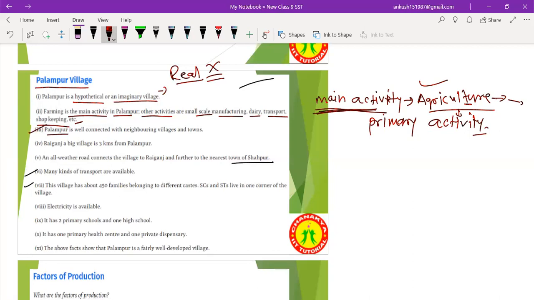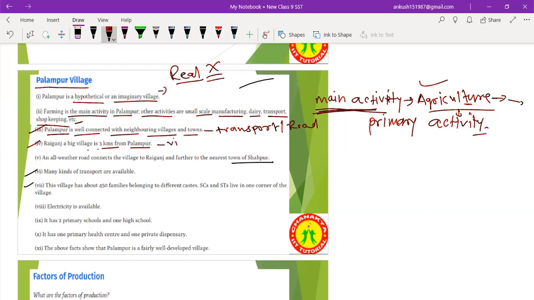The third point is that Palampur is well connected with neighboring villages and towns. Means there is a good facility of transport and roads. Try to imagine this village. Raiganj is a big village, 3 kilometers from Palampur.